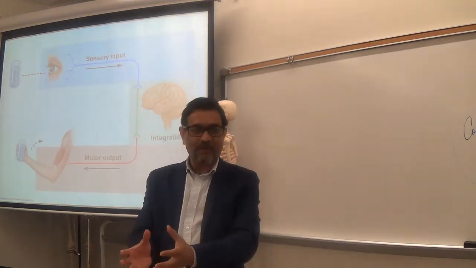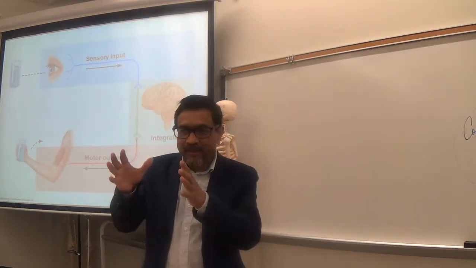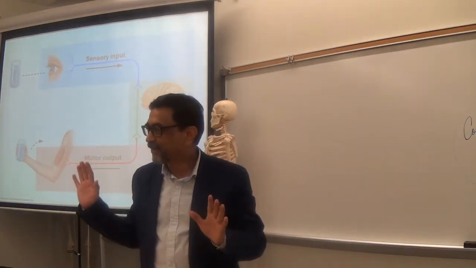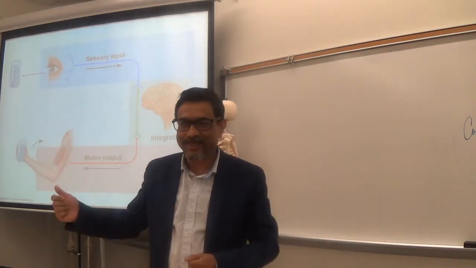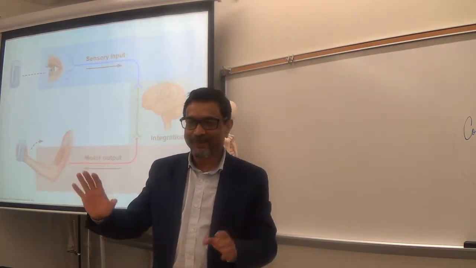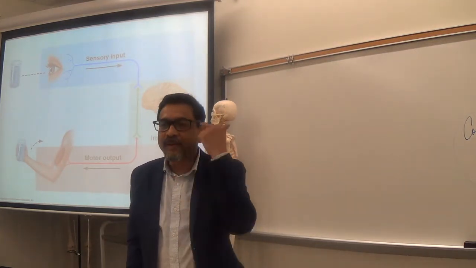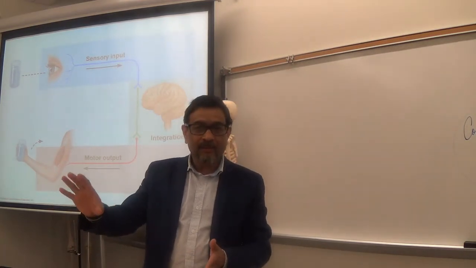When you see a glass of water, your brain will quickly decide something. First thing: is it water or not? It could be acid, or in chemistry lab you will be more careful, right? You won't drink anything. So your brain first decides, is it water or not? Is it clean or not?